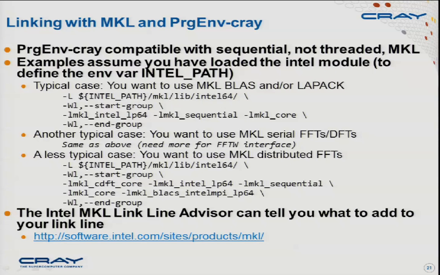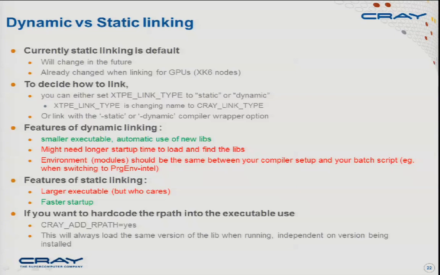As I said, for FFTW, it depends if you are using the parallel or sequential version, the serial version of FFTW, and you need to use also the include, otherwise it will not find the correct version of the library. Okay, so the main point is that from your code compiled with the Cray, you can link to MKL, okay, if you want to use MKL. Otherwise, Cray has a different library, and you can link to our library, which may be better. This discussion will be tomorrow.